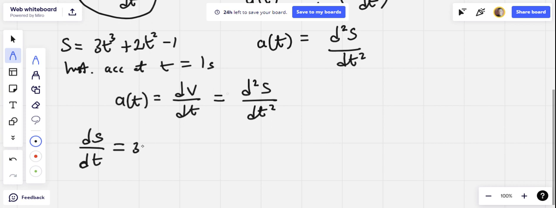So that will be 3 times 3 times t raised to the power of 3 minus 1, the power reduced by 1. Plus, you come to this one, the power of t here is 2, times the coefficient 2. That will be 2 times 2 times t raised to the power of 2 minus 1. And then here is a constant.